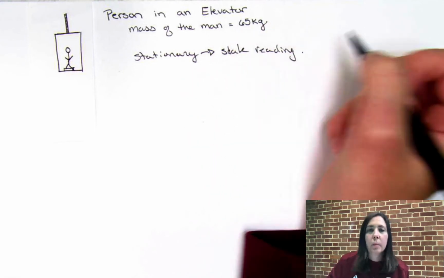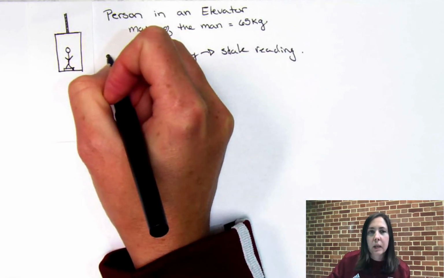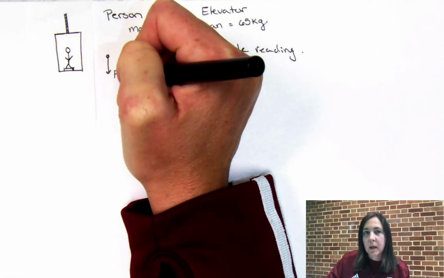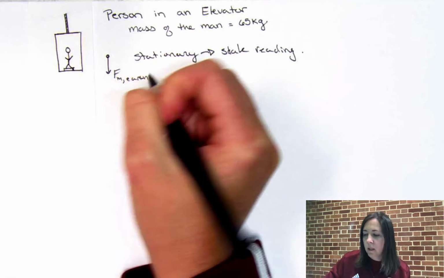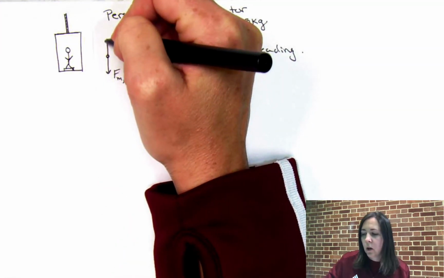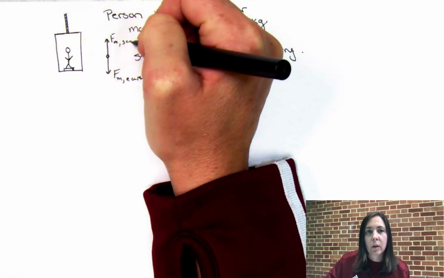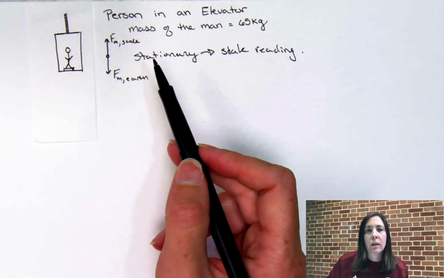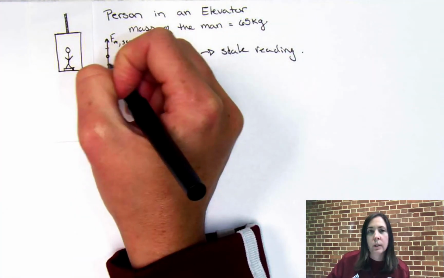Okay, so to think about that, first we need to draw just a free body diagram. Here's my man. The downward force on the man by the earth. And then we have the upward force on the man by the scale. Okay, so if this is stationary, then we're in equilibrium, so the up force has to equal the downward force.